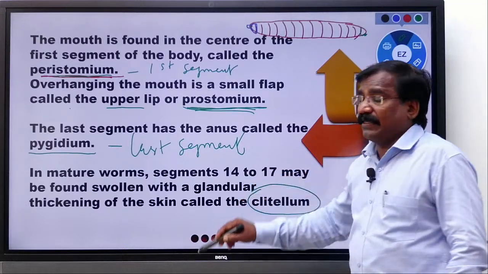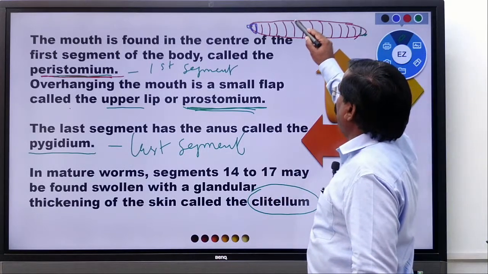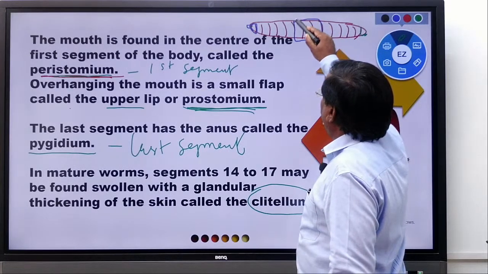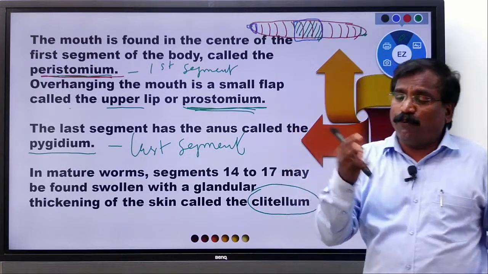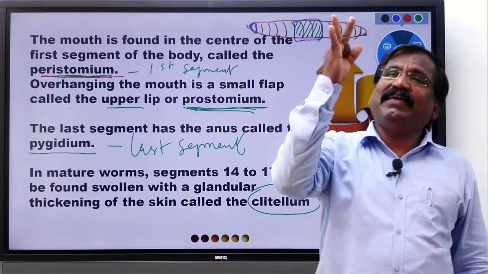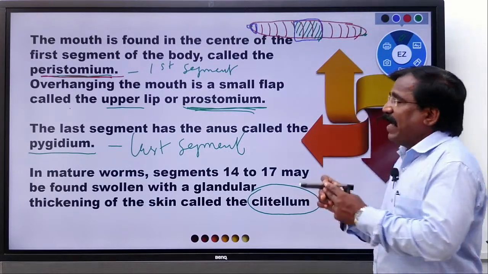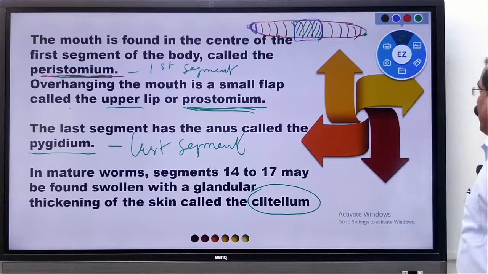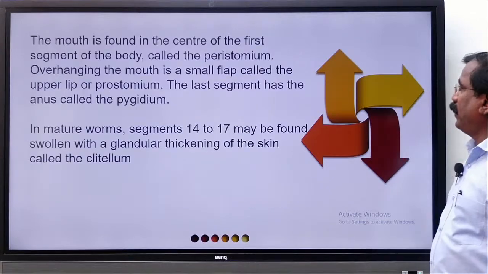And very important, this is the distinguishing feature of the earthworm: the 14th to 17th segments. I am drawing it here. The 14th to 17th segments in the earthworm, that is 14, 15, 16, 17, those 4 segments which are fused and swollen, are called clitellum. Very important.